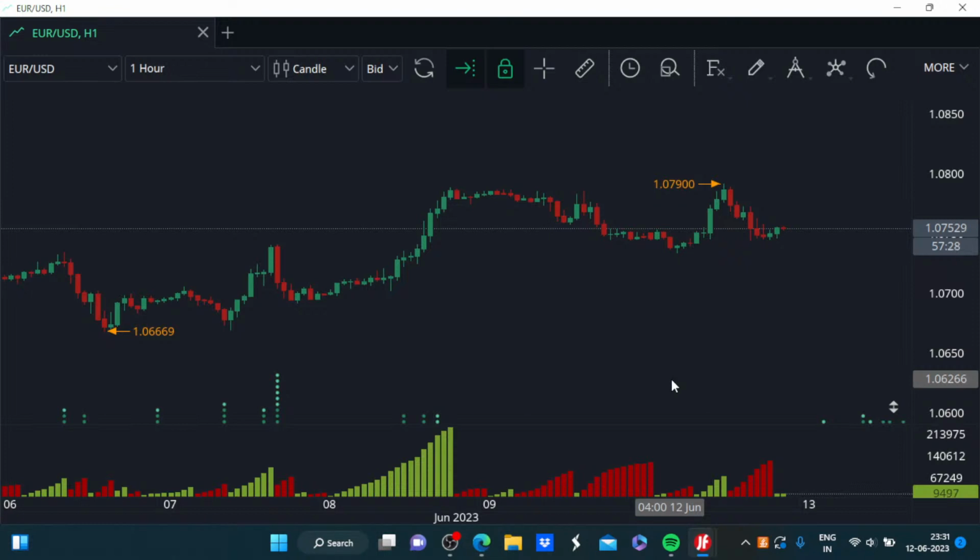So all these possibilities can be explored and we can go for a new trade accordingly.